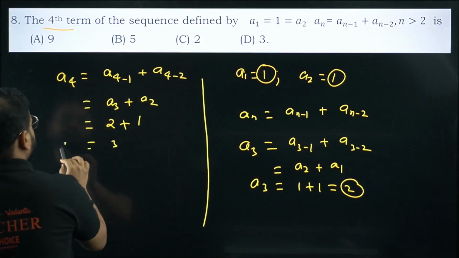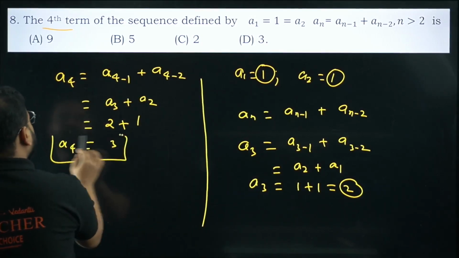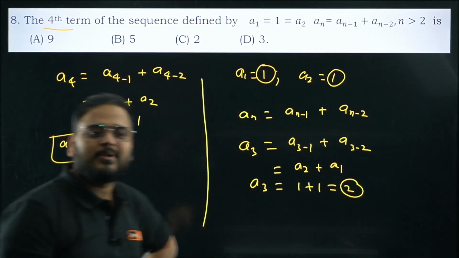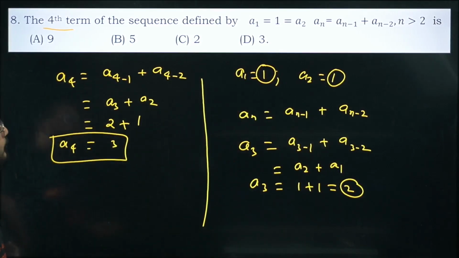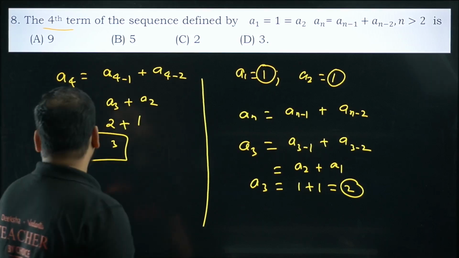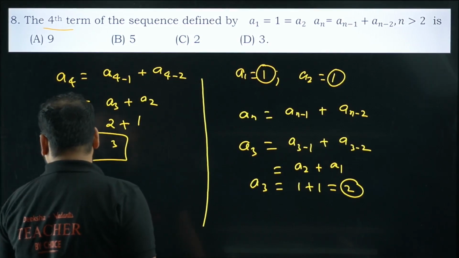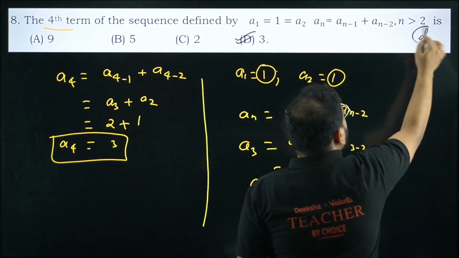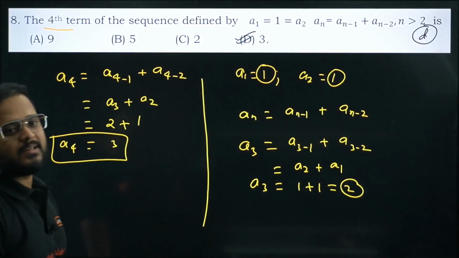The result is 3. My A4 is coming as 3. Is it clear? Please check. So my answer will be option number D. This is clear, right?